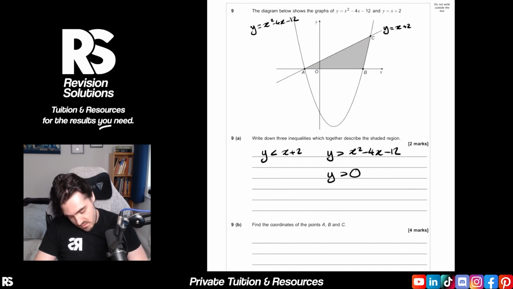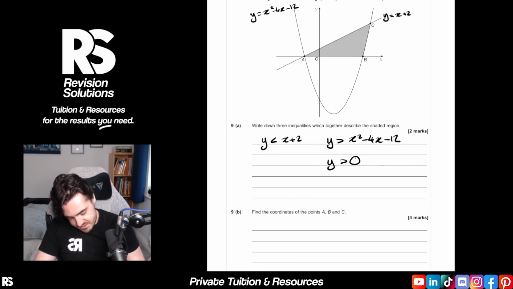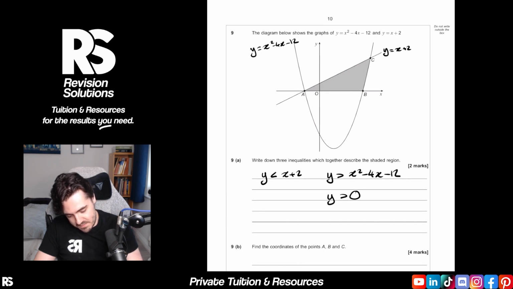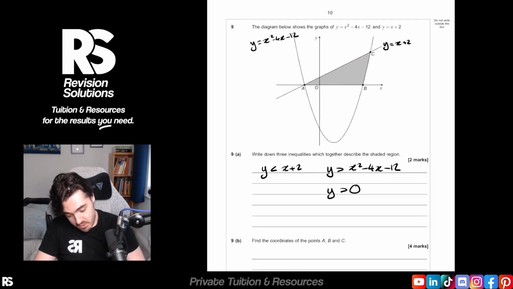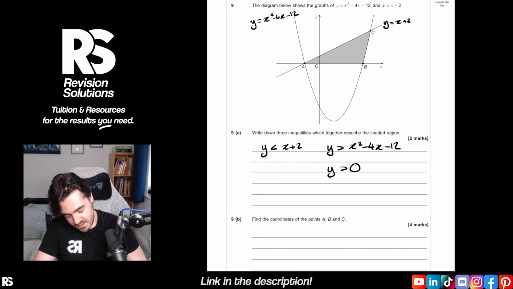Good. Then part B says, find the coordinates of the points A, B, and C. Well, A and B are just roots of our quadratic. So let's find those first by setting y to 0. So we'd have x squared minus 4x minus 12 equals 0. Does that factorize? 6 and 2 factorizes that.